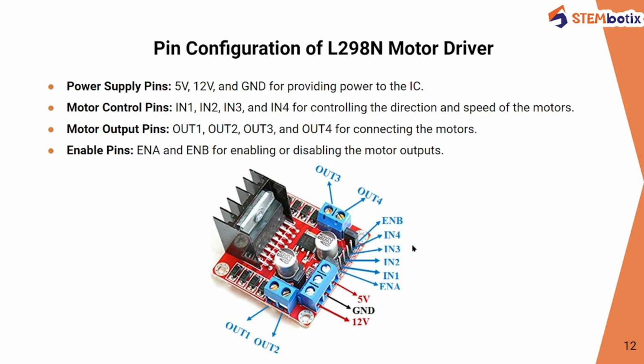Pulling a pin high will cause the motor connected to it to start spinning, while pulling it low will stop it. So this is how the pins work for motor speed control and direction control.